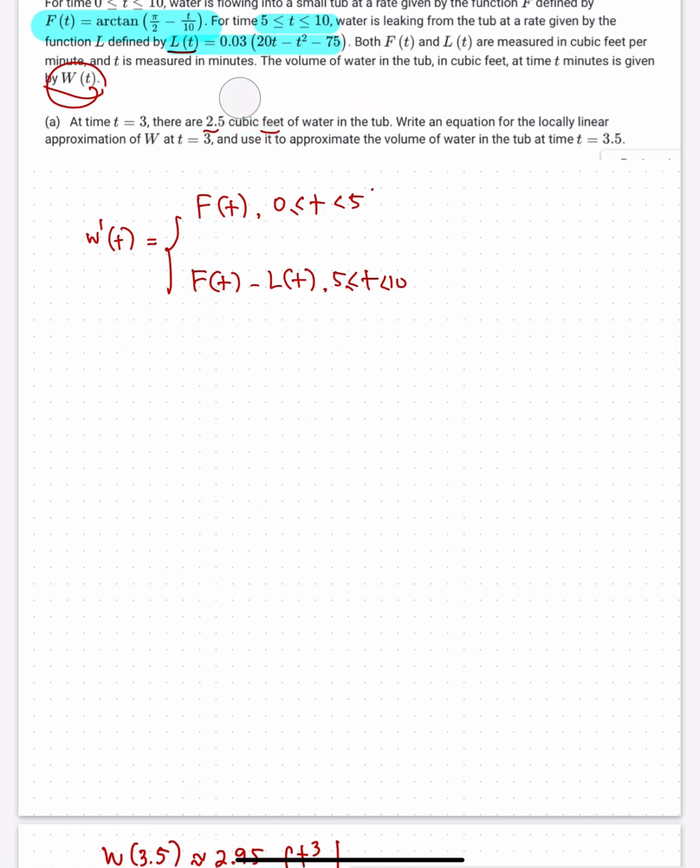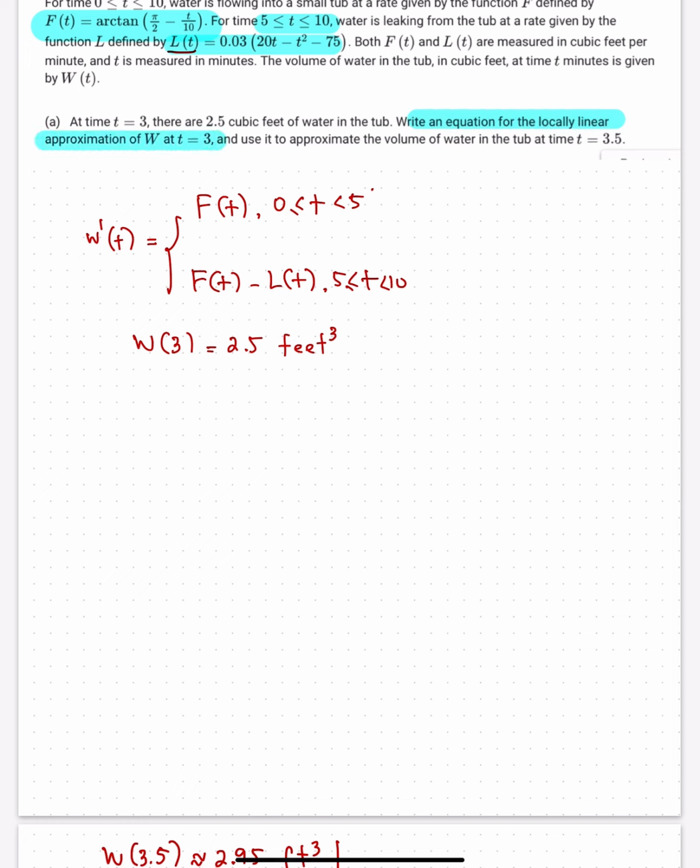So we can consider W of 3 equal to 2.5 cubic feet. Okay, so our goal is to write an equation for the local linear approximation at t equal 3.